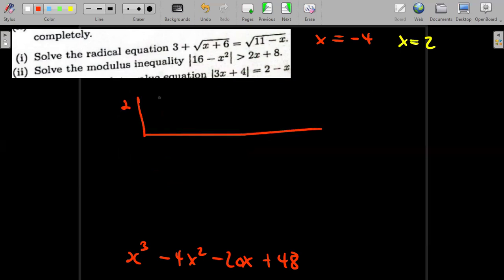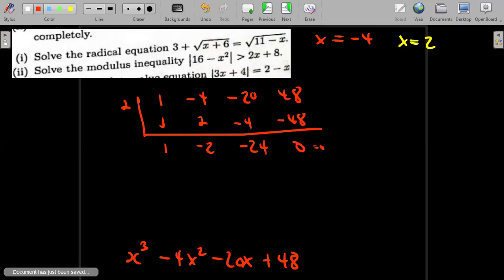So we have 2 here, then get the coefficients: 1, negative 4, negative 20, and 48. Drop the 1, multiplied by 2 gets 2. 2 minus 4, you get minus 2, minus 2 by 2, you get negative 4. Add, we get negative 24, 24 multiplied by 2 would be negative 48. And this gives you 0, and of course that's the remainder.